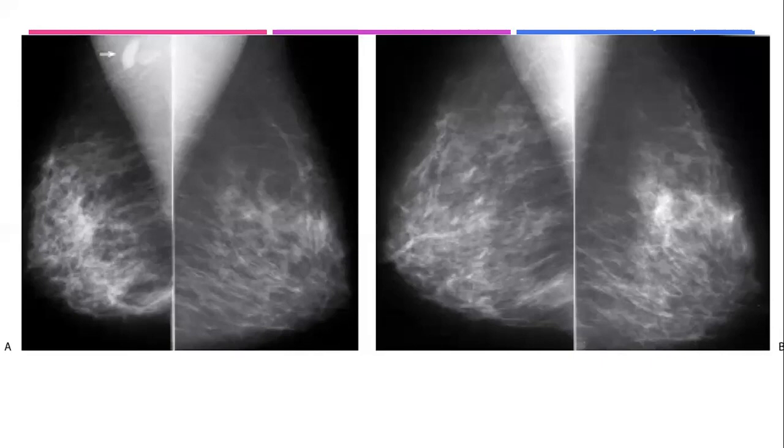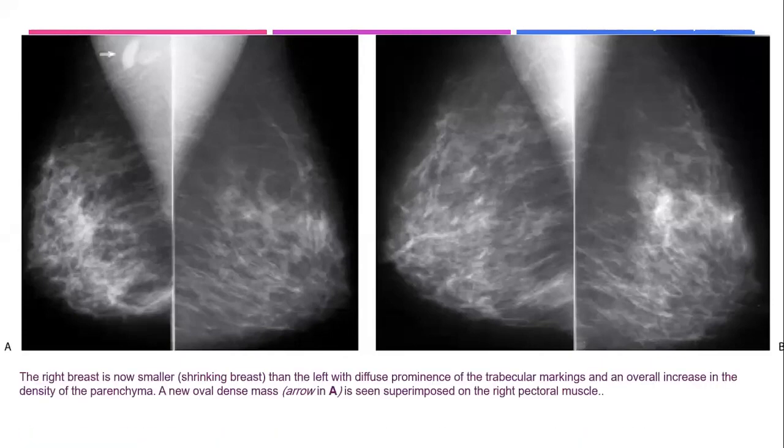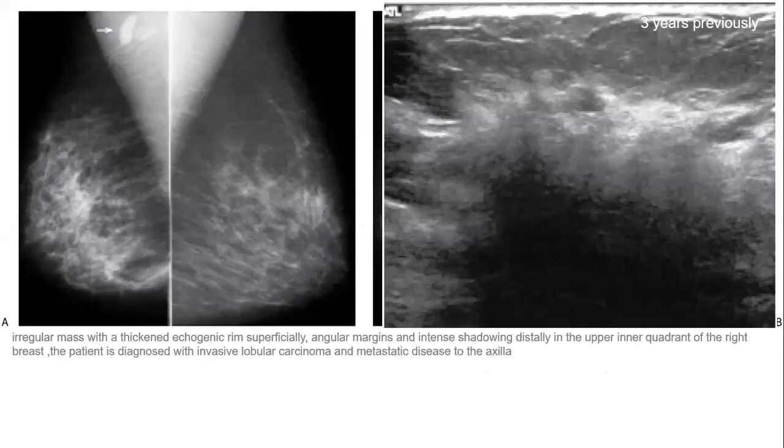Okay, and here the arrow obviously points to the pathological axillary lymph node. And this case, okay, this is the ultrasound, demonstrating a large infiltrating mass, usually seen with which type of cancer?